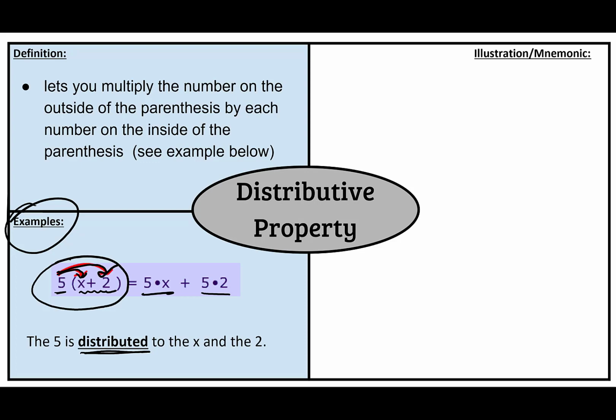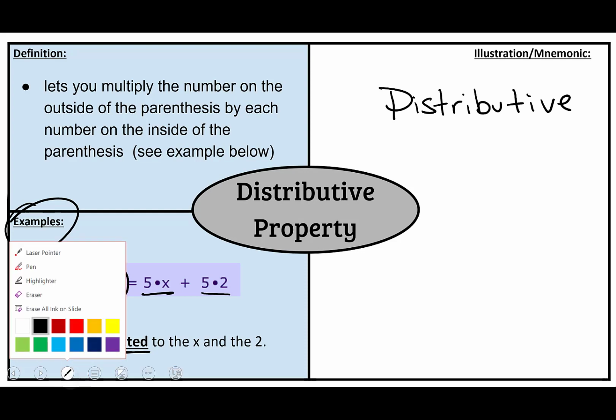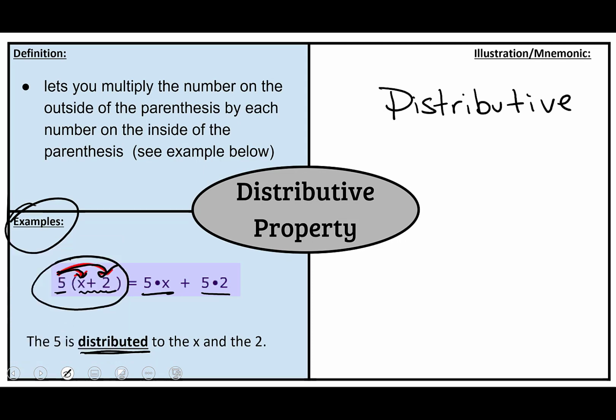I think the easiest way to remember the distributive property and exactly what it is, is to really hone in and understand the word distributive. To pull a word out of there, we have to pull the word distribute, right?